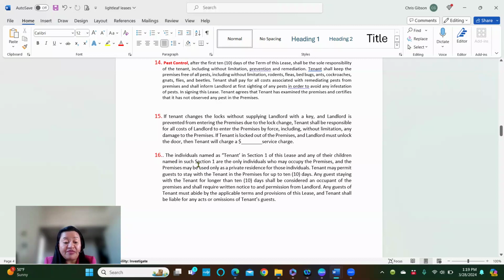If they will stay only 10 days, that is fine. But if they will stay more than 10 days, meaning they are an occupant, they must give a written notice and get permission from the landlord. They must inform us if they put another person in the premises, because this is a common problem also.